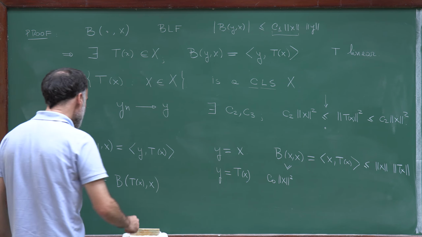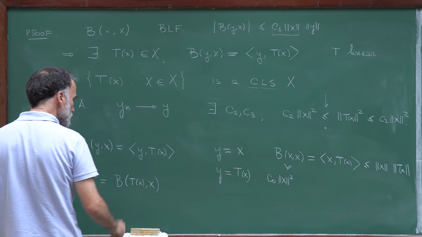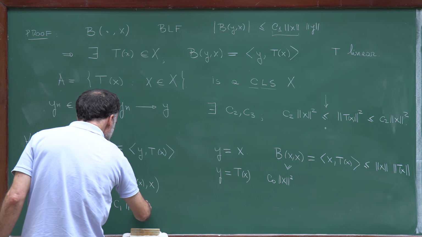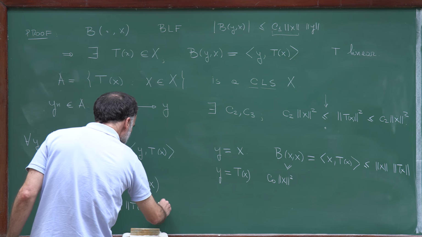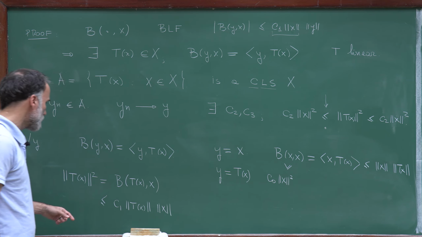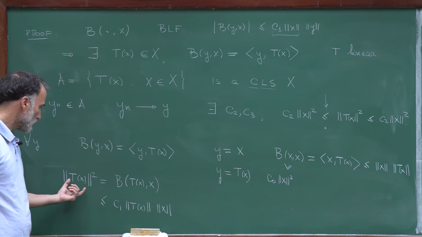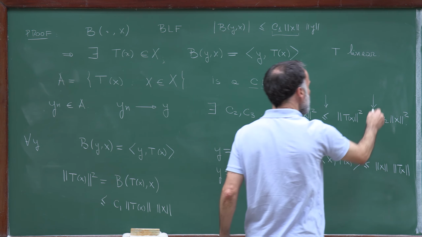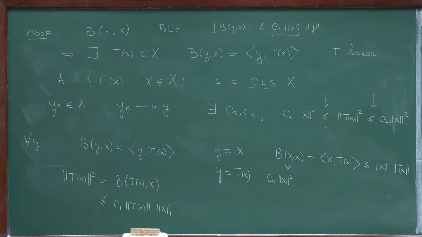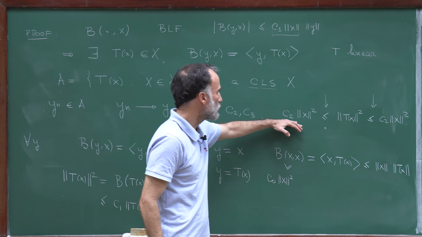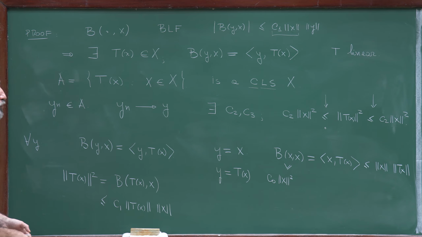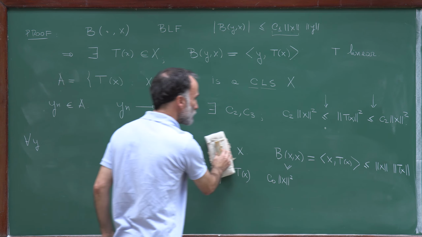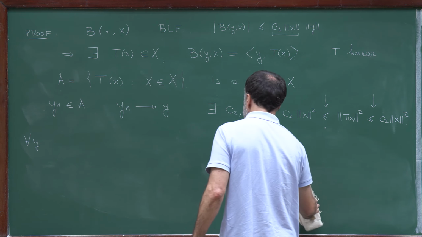And we have seen that the absolute value of B(Tx, x) is bounded by c1 times the norm of Tx times the norm of x. And from this, dividing by the norm of T of x, we get that the norm of Tx is bounded by c1 times the norm of x, which is the second inequality which I claimed. So we proved these two inequalities, and we have now everything we need in order to prove that A is closed.